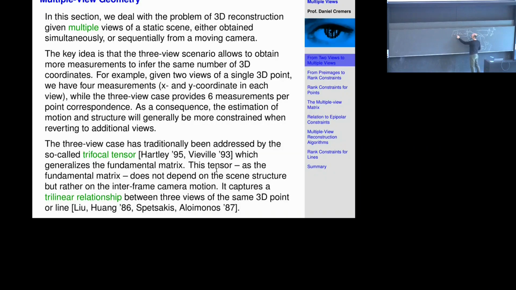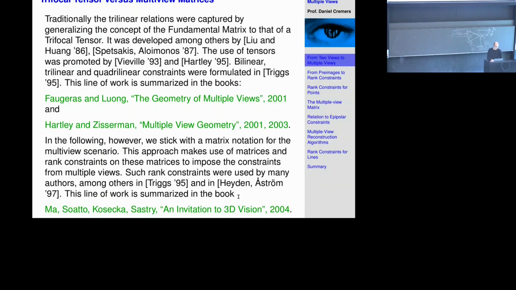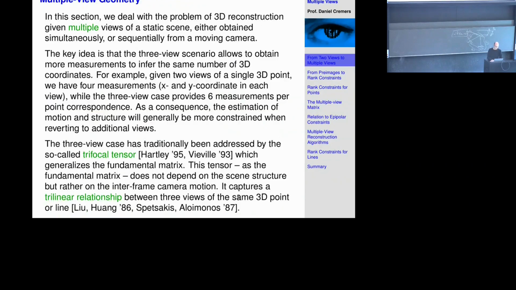Because it's linear in these 2 parameters, right? In x1 and x2. Trilinear means I get an expression that is linear in all 3 parameters. They were studied in works by Liu and Huang, by Spetsakis, Aloimonos, and many others. So this, as you can see, was a very active research area in the 80s and in the 90s.